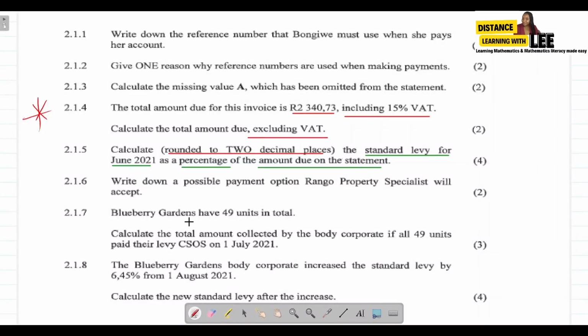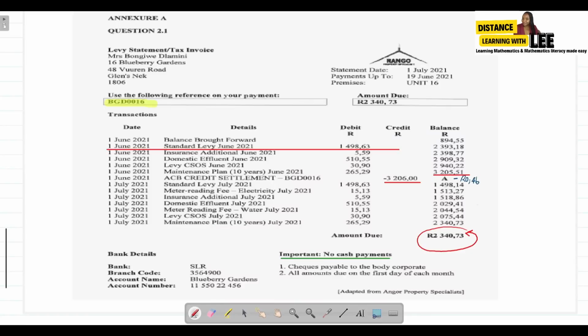Okay, let's go to question 2.1.7. Blueberry Gardens have 49 units in total. Calculate the total amount collected by the body corporate if all 49 units paid their levy CSOS on the 1st of July 2021. If we look at our tax invoice, on the 1st of July 2021, what was the amount for the levy CSOS?